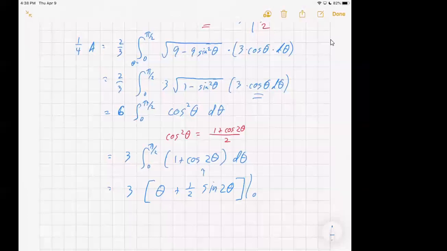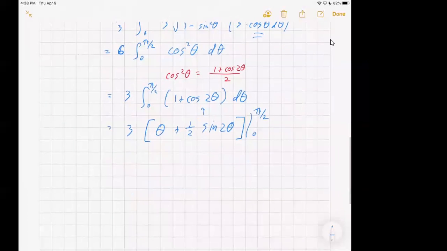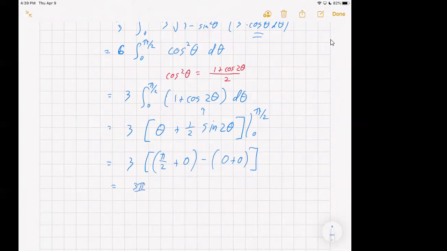We're going to evaluate that at 0 and pi over 2. When we substitute pi over 2 in, we have pi over 2 plus, when you put pi over 2 into 2 theta, you have pi, and the sine of pi is 0. So we have pi over 2 plus 0, minus, when we put 0 in, 0 plus 0. So that all simplifies down to 3 pi over 2.